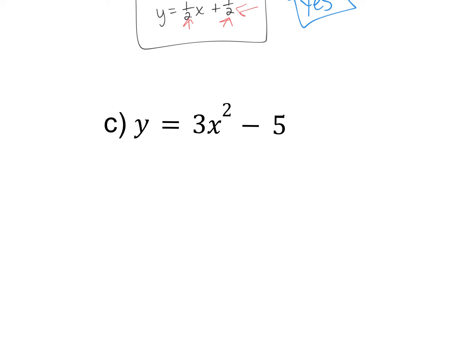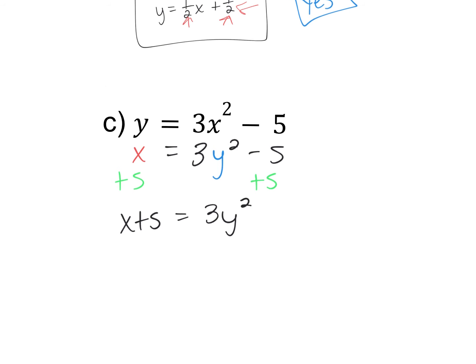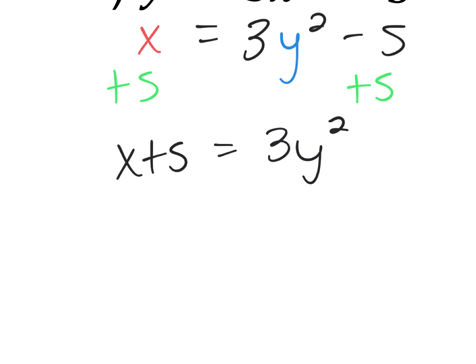Alrighty, let's do another one. Switch them. So we've got x and y. Put the rest of this stuff in. So I'm going to add 5. So x plus 5 equals 3y squared. Okay, now we need to get the y by itself. Let's divide by 3.